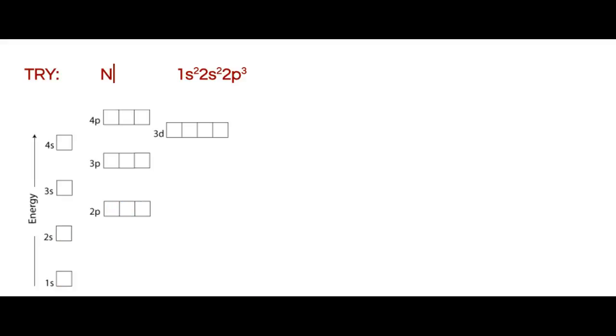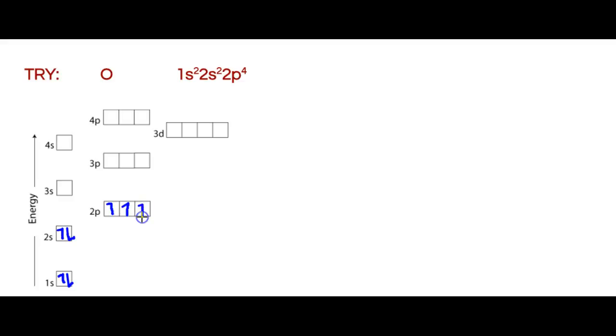Now, as I'm moving across a period, every time I'm just adding an extra electron. So for oxygen, instead of it being 2p3, it'll be 2p4. I shouldn't really have erased this, but all I need to do is keep the same orbital diagram as I did for nitrogen.